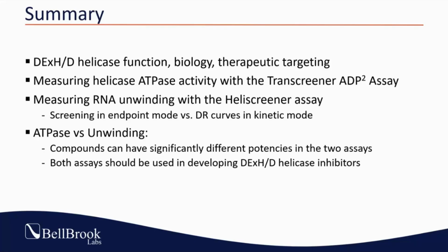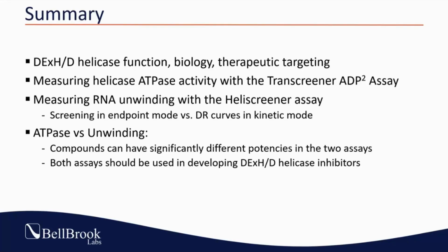And then we'll get into how we measure the ATPase activity using the Transcreener ADP2 assay, and then spend more time looking at the recent assays that we developed for detecting RNA unwinding called Heliscreener. And look at some of the details there, when the applications where you want to use endpoint mode versus kinetic mode with that Heliscreener assay.